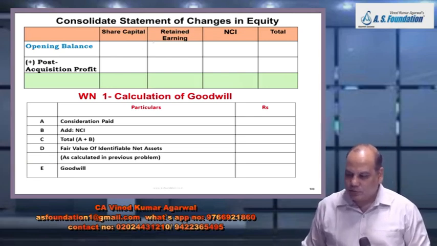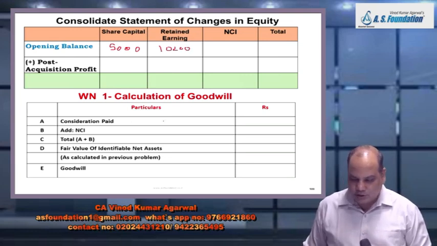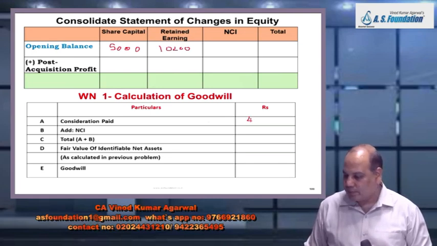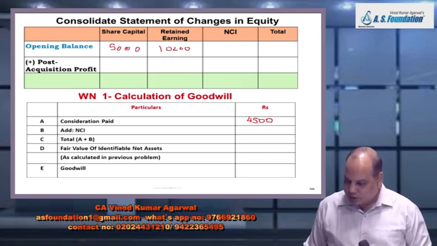5,000 right here, share capital. Parent's retained earnings was how much? 10,000. Wait, NCI we'll write something later. Goodwill. Consideration paid this time will be 4,500. NCI will be written later. The fair value of identified net asset as per the previous problem was how much?